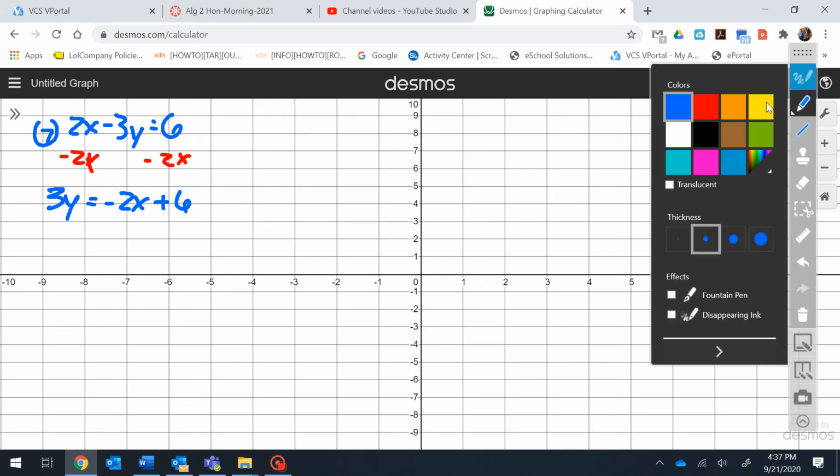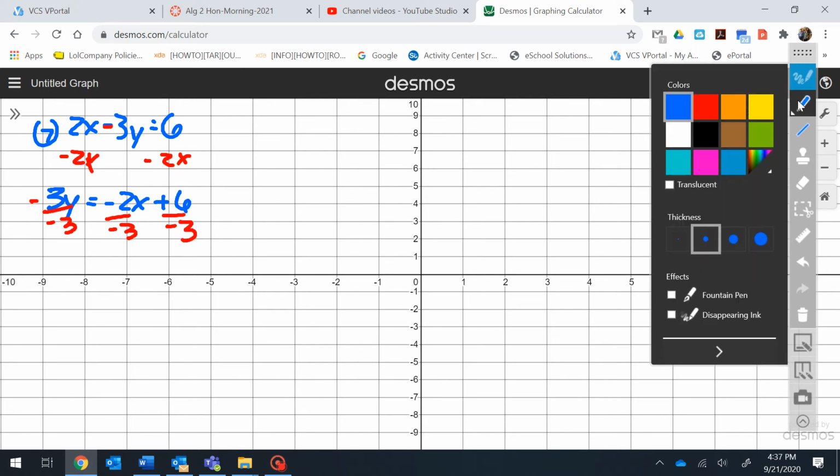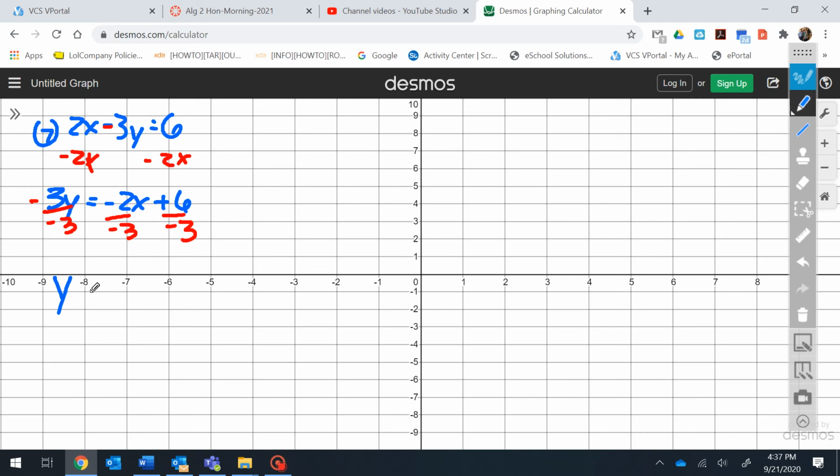Sorry, that's a negative 3 because of this. Divide by negative 3. And that will leave us with y is equal to negative over negative is positive 2/3 x minus 2.